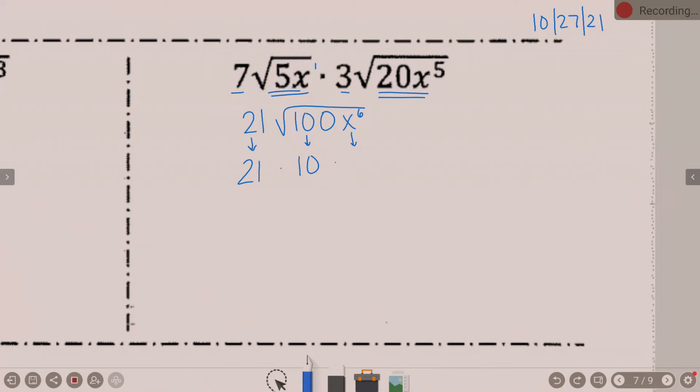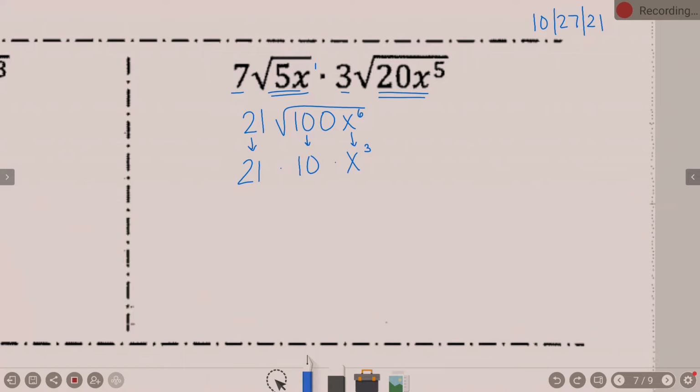What about the square root of x to the sixth? What did we do with exponents? Well, it's an even number. So you get half of it, so it's going to be x to the third. An exponent, you just divide it by 2. Since 6 divides by 2 nicely, that becomes x to the third.